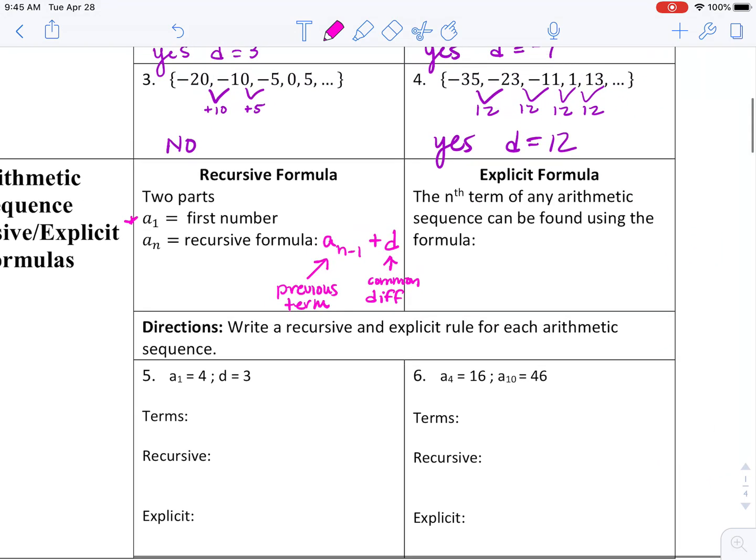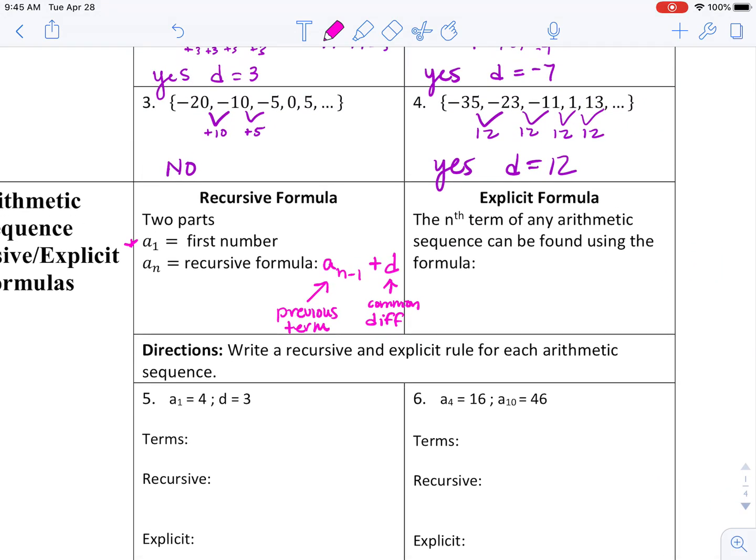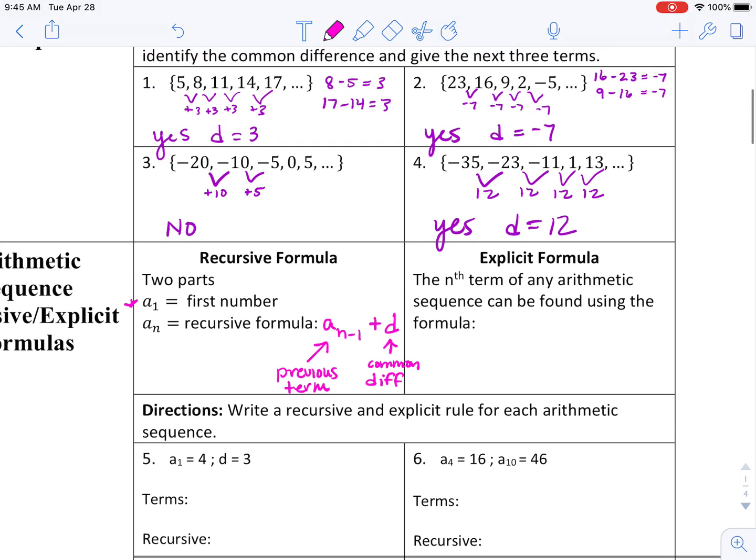Now the explicit model. This one is sometimes a little bit harder to understand. I'm going to refer to example 4 just to help us with that. So remember, we want to base our formula off of the nth term that we're on. So remember, this negative 35 was 1, this was 2, 3, 4, 5. Now, you could just do what we did in our last set of homework and notes, and that's find the equation that blends the n with the term you're on.